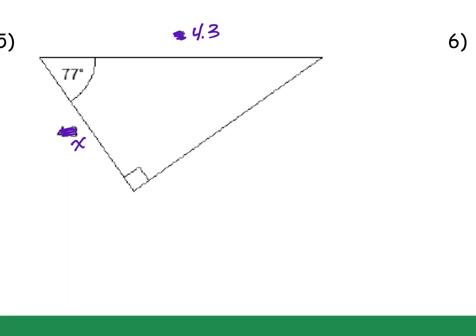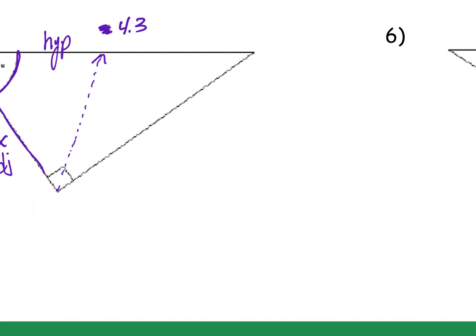So once again, I'm going to look for my angle, which happens to be 77 degrees. My right angle points towards the hypotenuse. And then here's my angle, my side adjacent to my angle. It makes the angle.